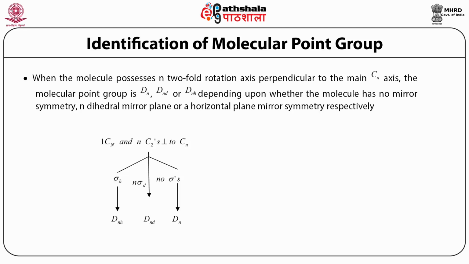If there is a horizontal mirror symmetry, then the molecule belongs to the group Dnh. If there are dihedral plane symmetries, then the molecule belongs to the point group Dnd.